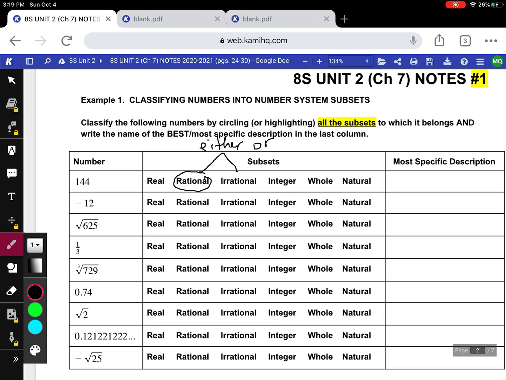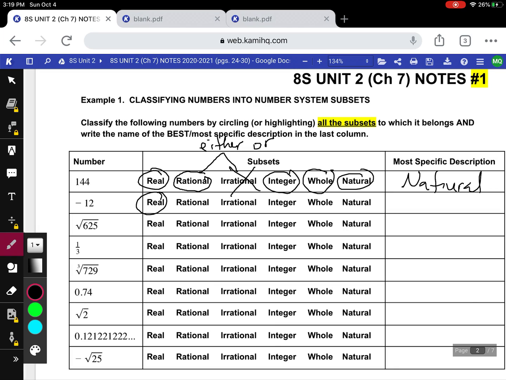So here we have a rational number, so we're going to circle that. We are always going to be talking about numbers in the real number system, so we're going to be real. So we are not irrational. Now let's talk about it. An integer, well, that is from negative infinity to infinity, so we're an integer. 0 on up, well, we're a whole number, and we are a natural number. And my most specific is going to be natural, okay?